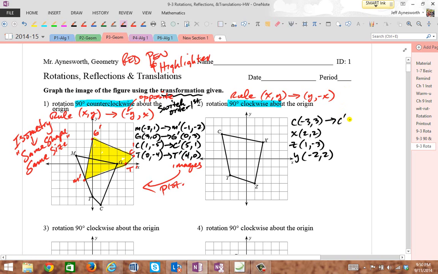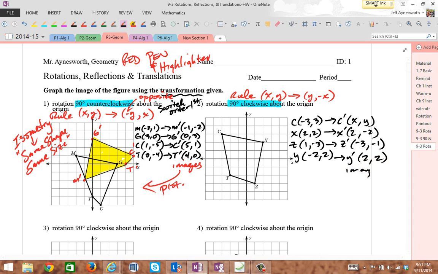Okay, so C prime is (3, negative 3). X prime, you take the opposite of x and you switch, so (2, negative 2). Z prime is (negative 3, negative 1). And Y prime, let me see, (negative 2, 2). All right, so these are called images, right? Let me put that in red.